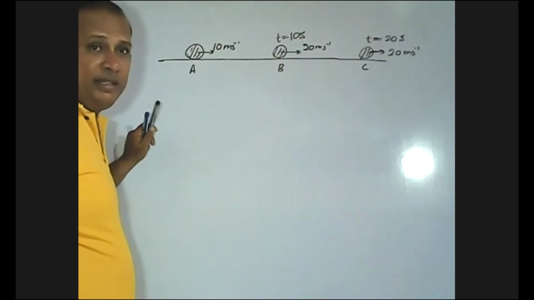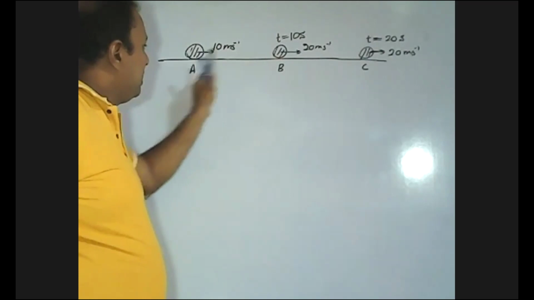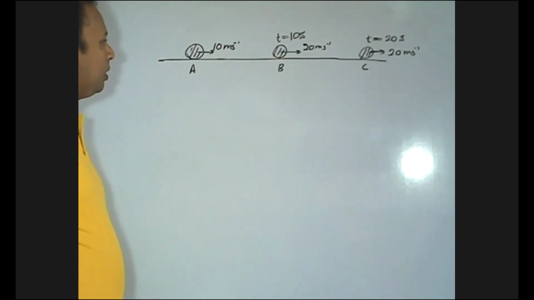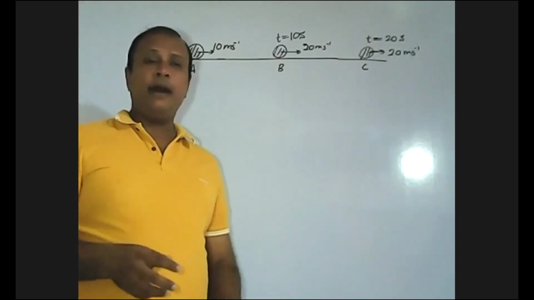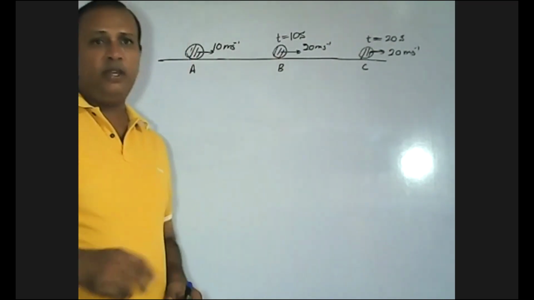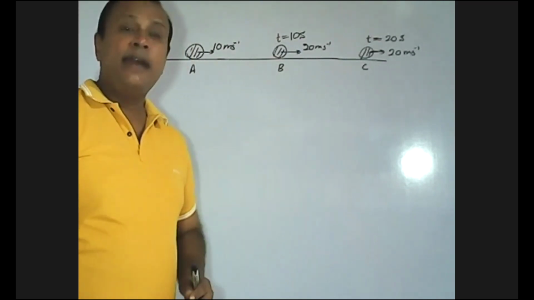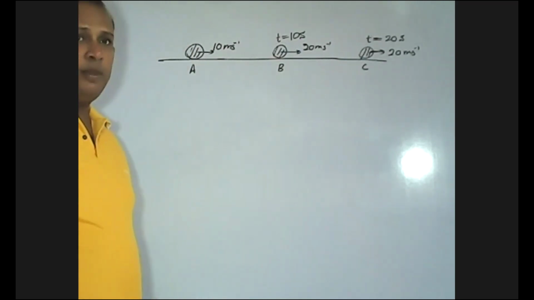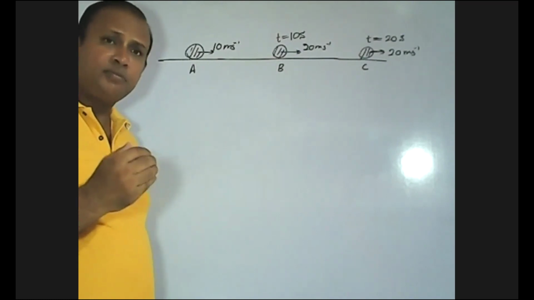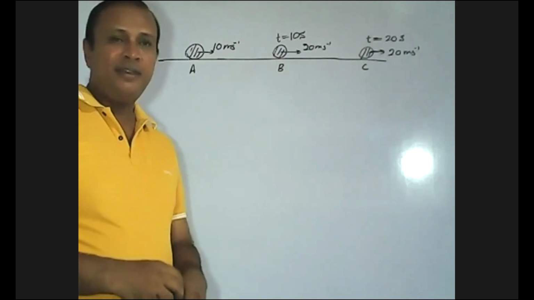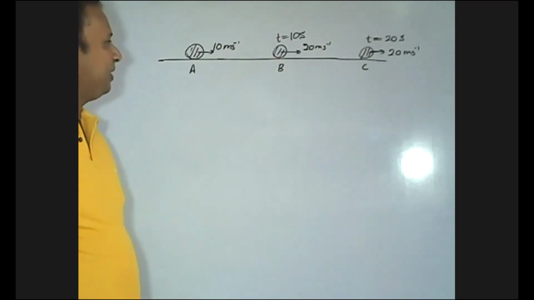You are asked to find the initial acceleration, that means the A to B acceleration. If you want to apply equations of linear motion, as those equations are vector equations, you have to mention the starting point and the end point of the particular motion.